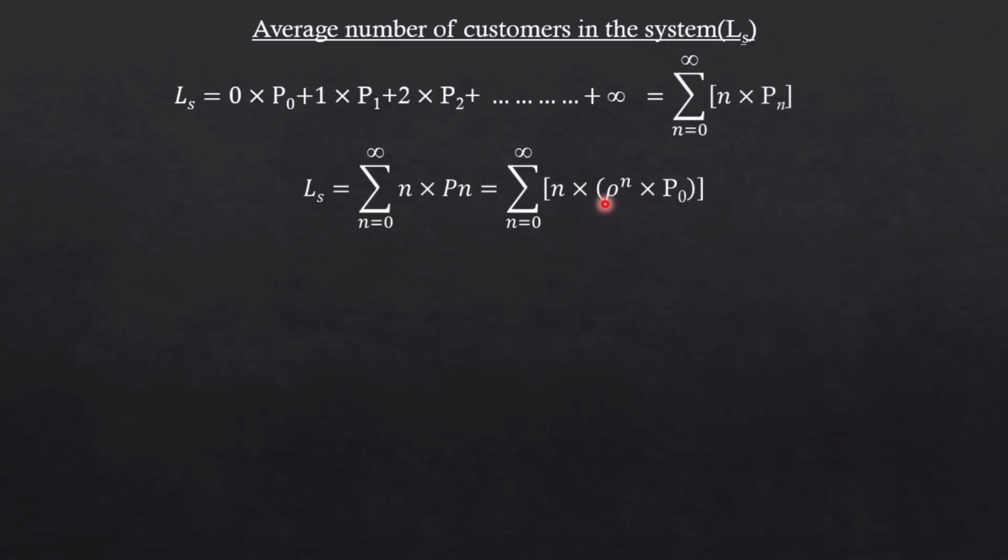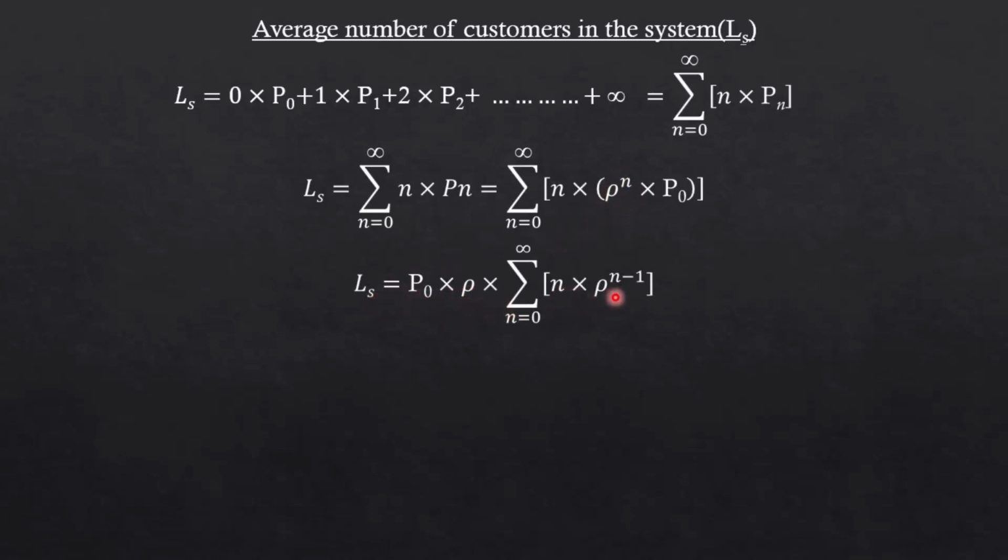This is the same term here, and instead of lambda by mu we have put rho here just for the sake of calculation. Okay, so I hope this is clear. Pn is represented by rho power n into p0. Now let us take out p0 and one of the rho here.